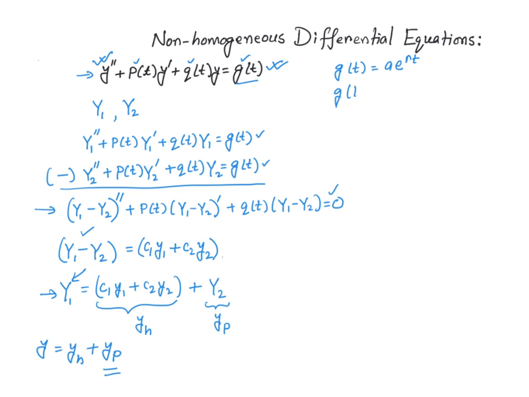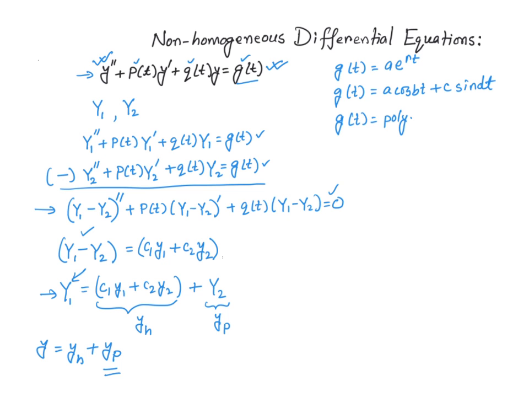G of t is equal to a times cosine of bt plus c times sine of dt, where a, b, c, and d are constants. Or this format, or g of t is some polynomial. Then it becomes easier to find the particular solution.